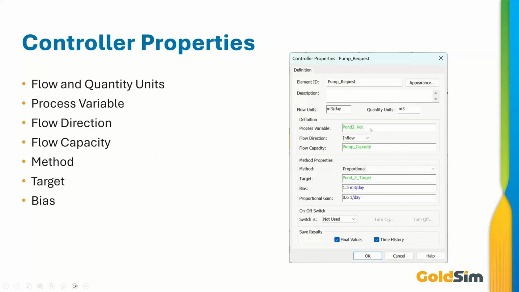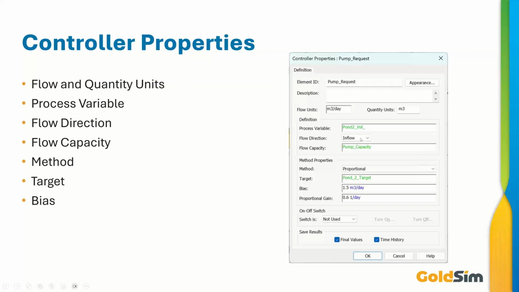Process variable needs to be just an input from some state variable in your model. And typically this would be a reservoir, integrator, and most likely pool element. But if you had a water level as a target, you would have to convert it to a volume before putting it in here.